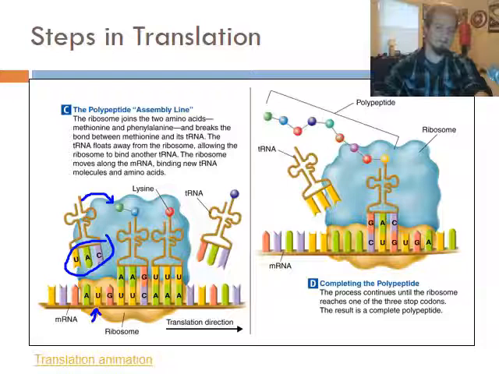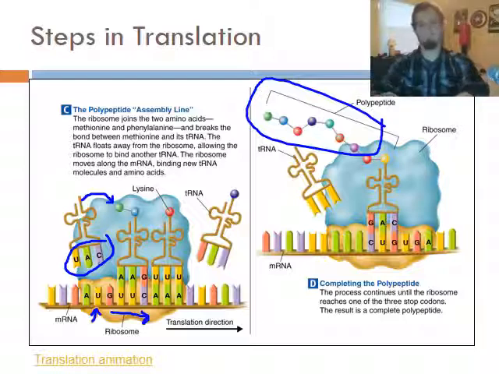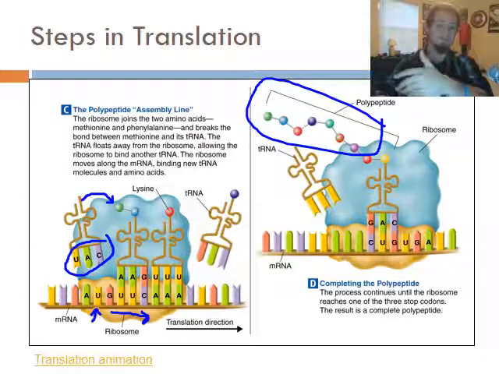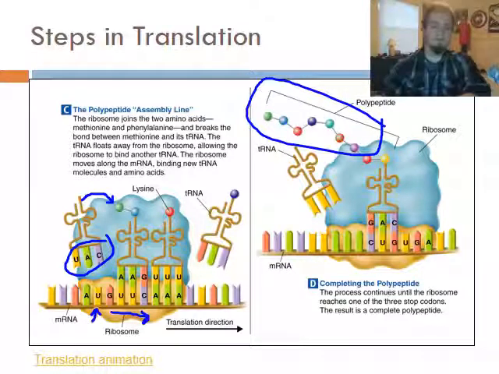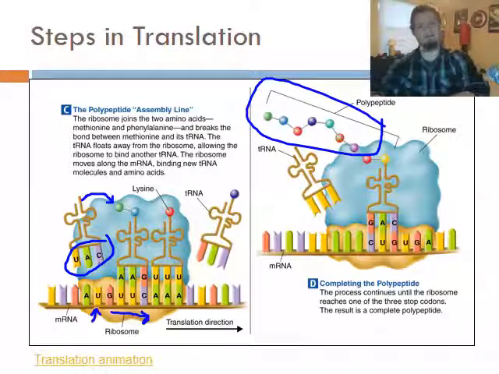Now, as the mRNA is read, as it's being pulled through, more amino acids are brought, and they're being strung together via peptide bonds to create what we have here, a polypeptide. This is going to continue until we eventually get to the end codon, or the stop codon, where the last amino acid will be strung together via the polypeptide, and ultimately released.